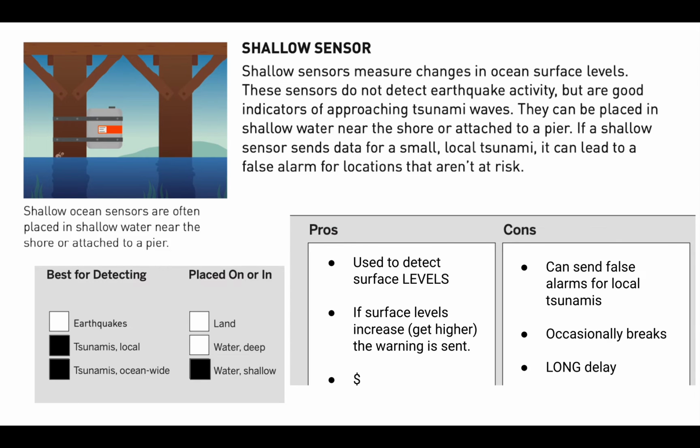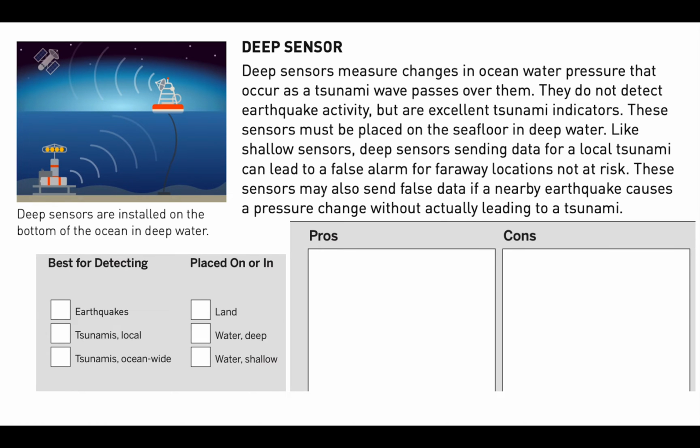Lastly, we're going to look at the deep sensors. A deep sensor is best for detecting tsunamis, both local and ocean-wide, and it can only be placed in deep water. Okay, pros. A deep water sensor detects a change in the ocean's pressure. It's very reliable.